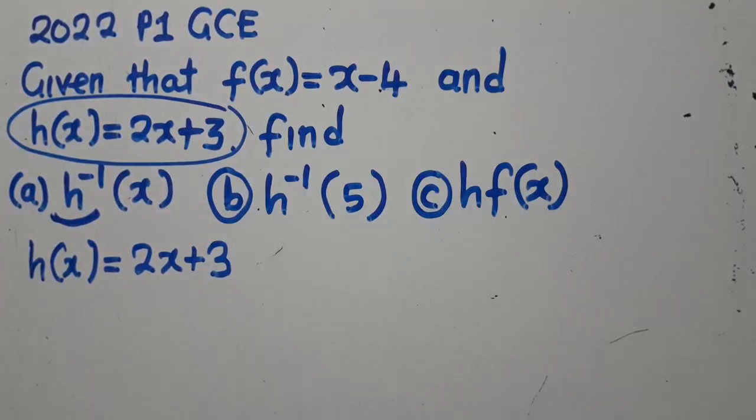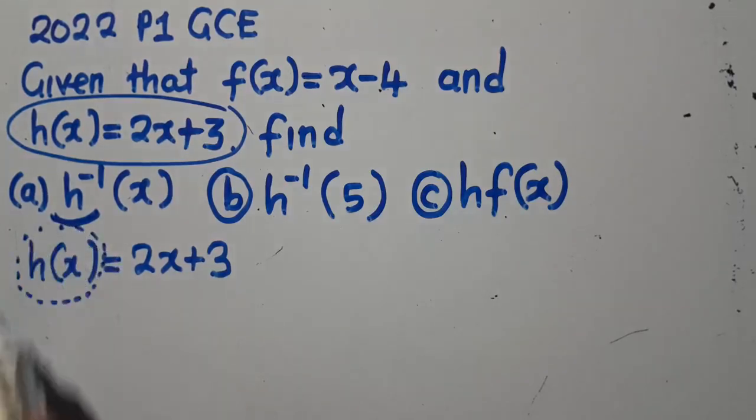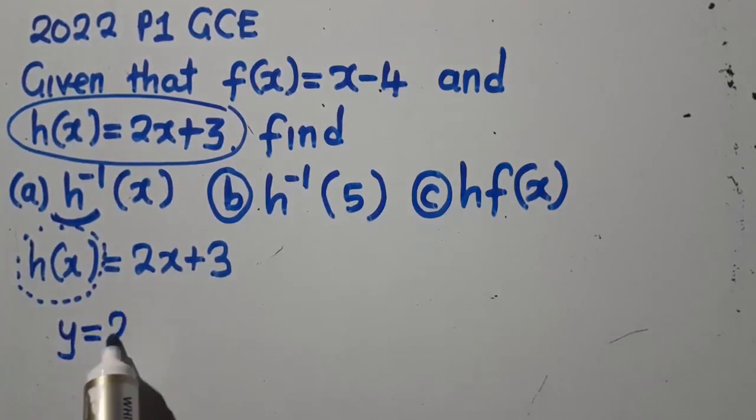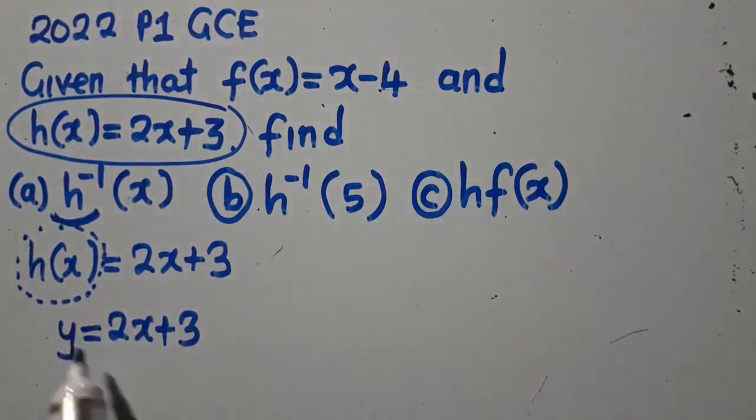If we want to find the inverse function, we make x the subject of the formula. We let h of x equal y, so y is equal to 2x plus 3. We are making x the subject of the formula, meaning this 3 should come to this side so that we just remain with 2x.